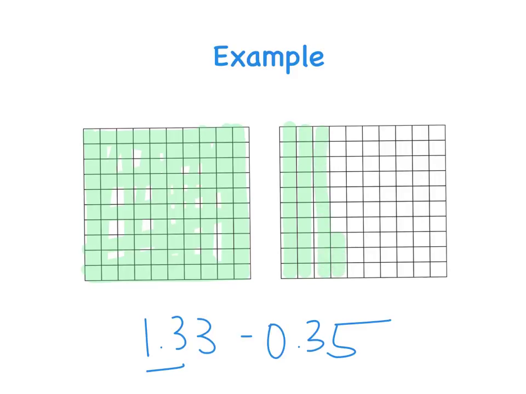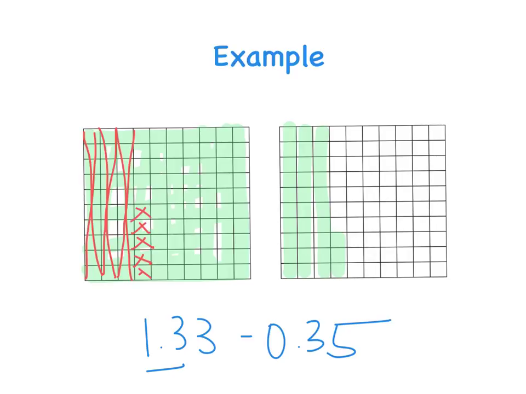Now for the second number, since I'm taking that amount away, I'm going to cross out 35 hundredths. So here is 10 hundredths, 20 hundredths, 30 hundredths, and 1, 2, 3, 4, 5.